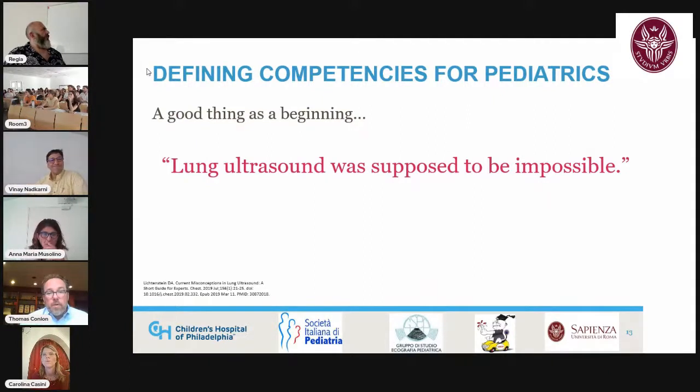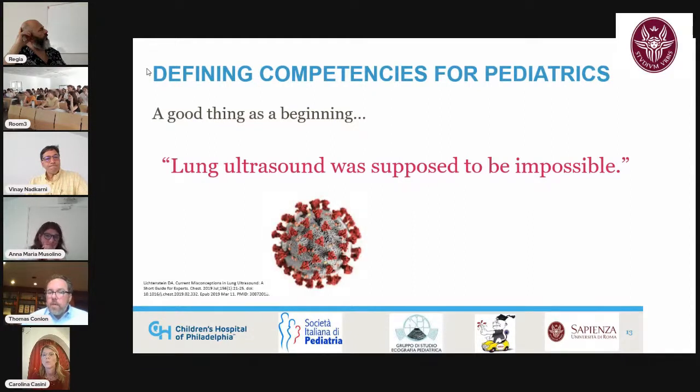But we know that lung ultrasound is not impossible. It's actually really important to improve our patient outcomes. And not only is it important for us to learn, but there are always going to be new processes that we encounter in our clinical practice that are going to be important for us to apply lessons learned to.